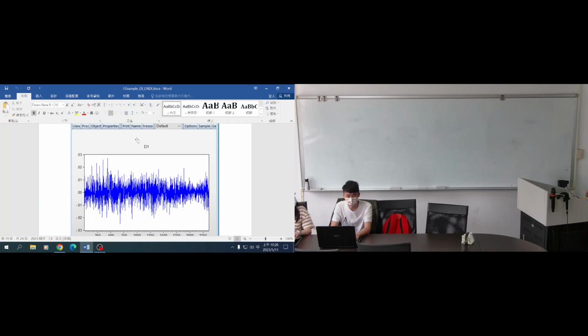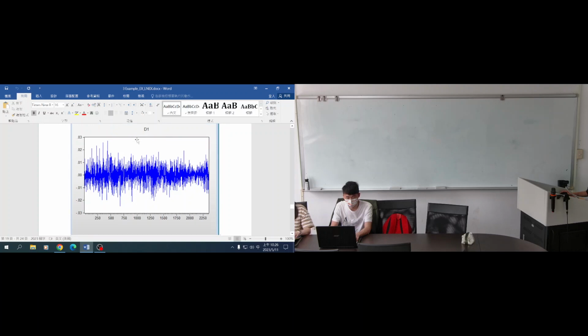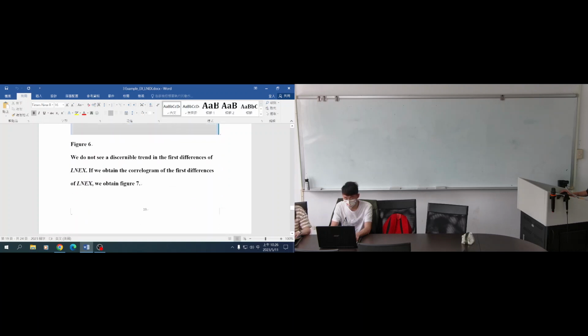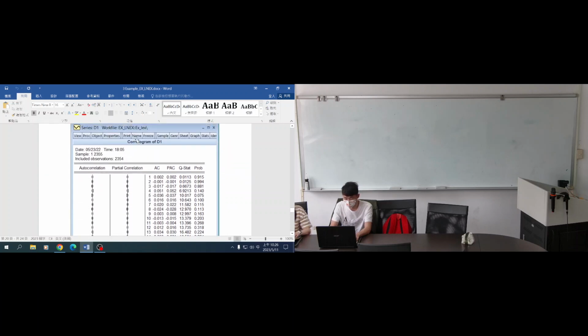So what do you see from here? The graph of D1 becomes this one. And this is the autocorrelation function and the partial autocorrelation function of the first difference.